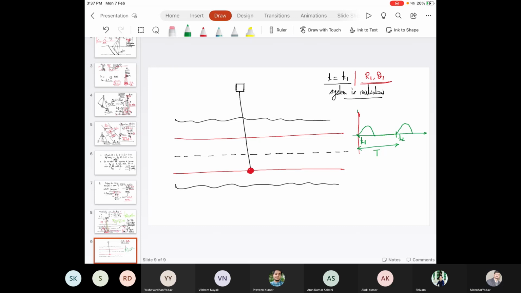So how much time has elapsed between T2 and T1? That is T2 minus T1, which I am considering here as capital T. This sensor system is mounted on the aircraft, and the aircraft is moving in a forward direction at speed v.